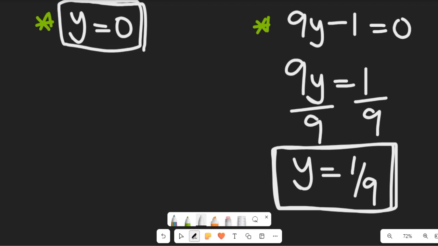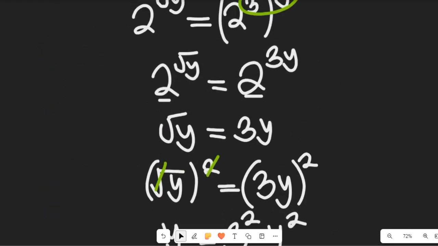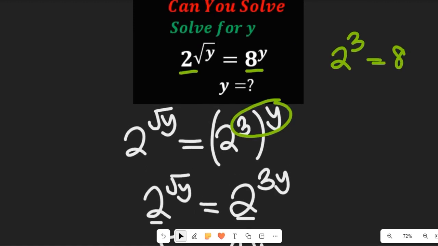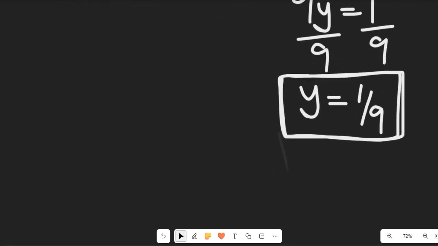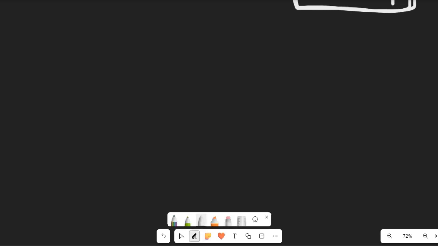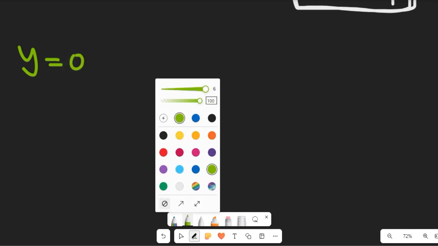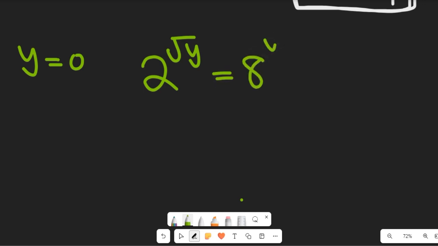Now let's do something. We're going to check to see if our solutions are absolutely right. Let's look at the original equation given to us, 2 to the power of square root of y equal to 8 to the power of y. Now if we check the value of y equal to 0, we want to check out if 2 to the power of the square root of y can be equal to 8 to the power of y.